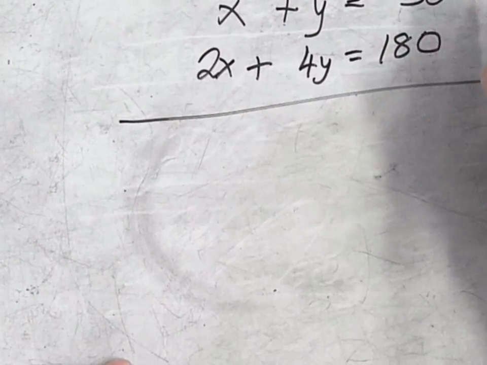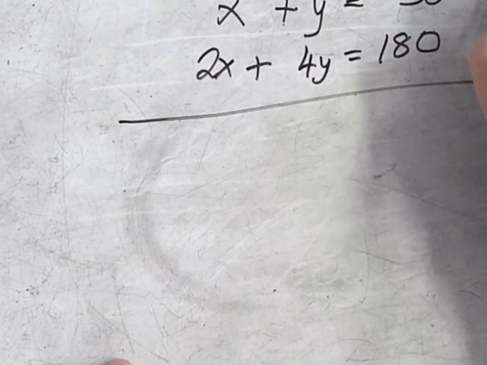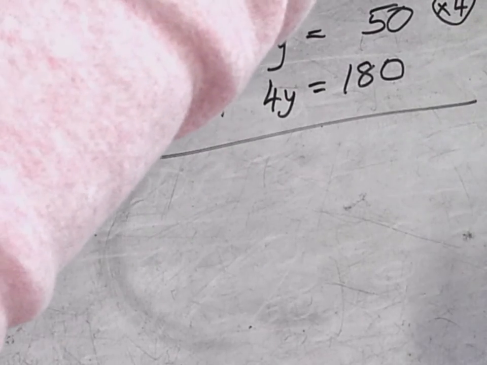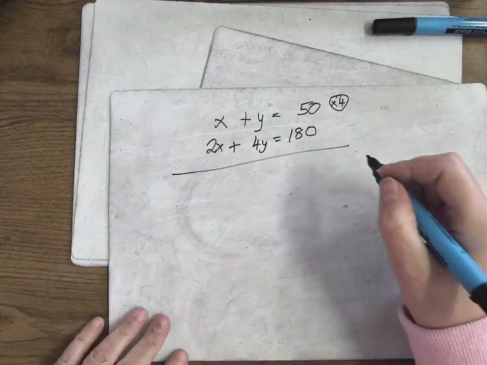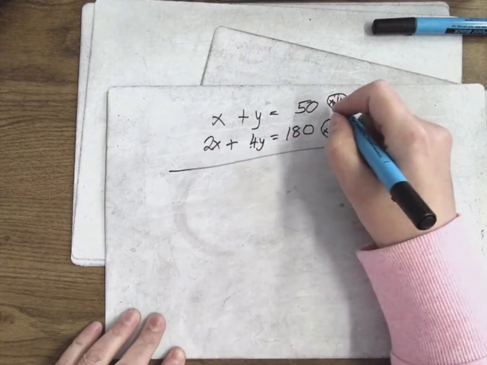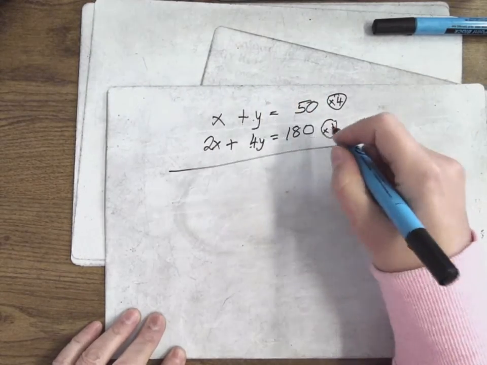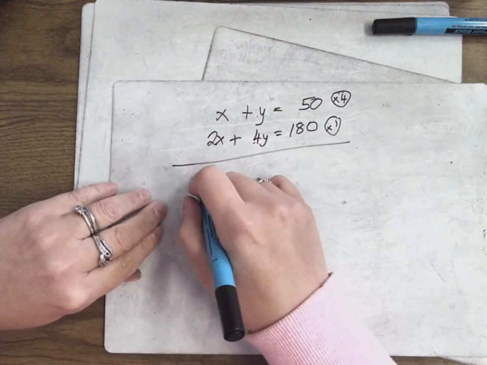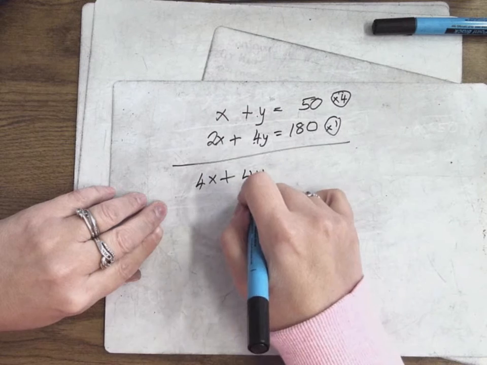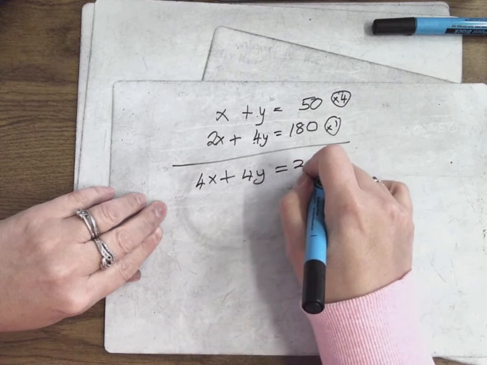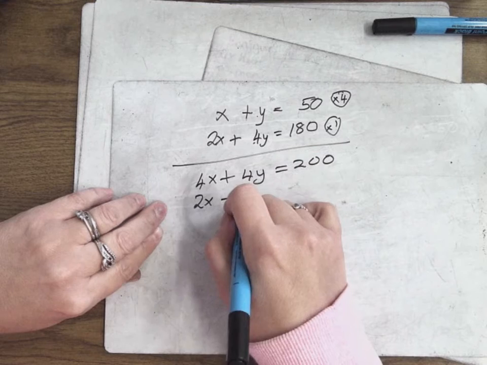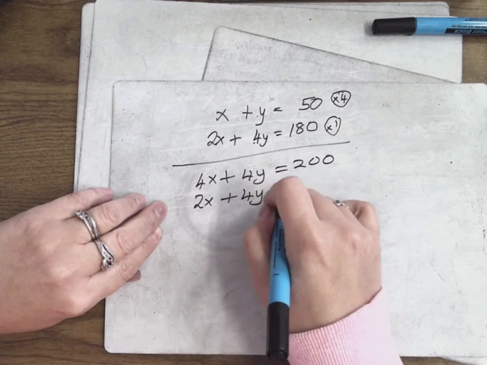Right, okay, multiply the top line by 4 and the bottom line by 1, because there's a 4 in front here and a 1 in front here. So 4x plus 4y equals 200, and 2x plus 4y equals 180.